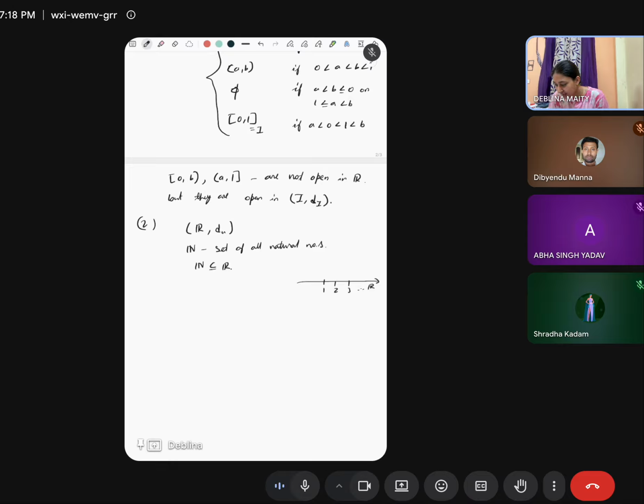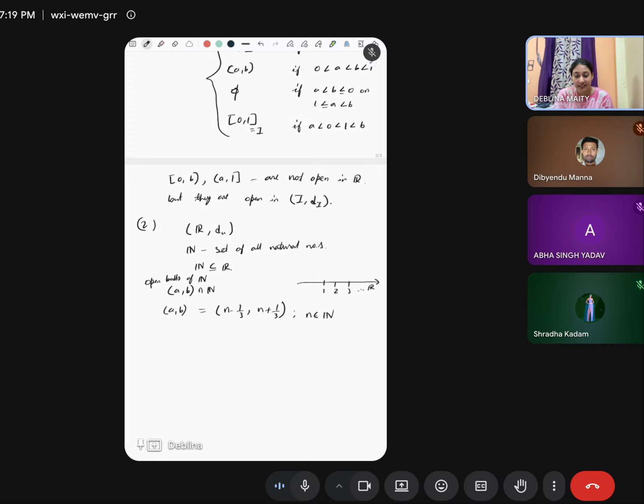So the open balls are of the form AB intersection N, right? Now if we take AB to be some (n minus 1 by 3, n plus 1 by 3), where n belongs to N. So if we take this kind of intervals, then this interval intersection N will be the singleton element n, right?